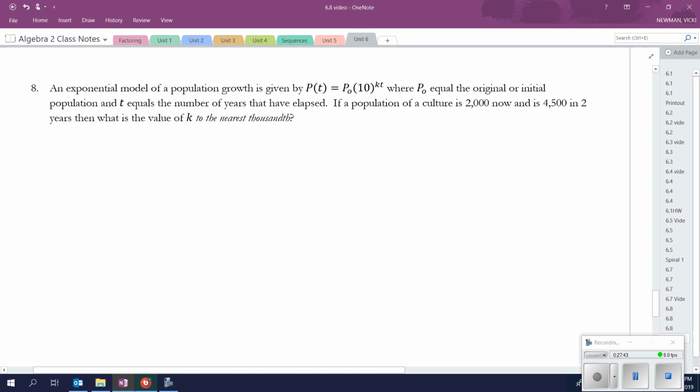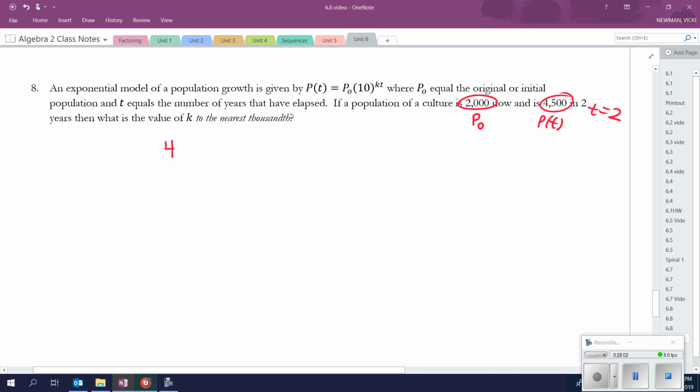So this one's a little bit different. So we have 2,000 now and 4,500 in 2 years. So this is P sub 0. This is our final amount, P of t, after t equals 2, and we're solving for k.